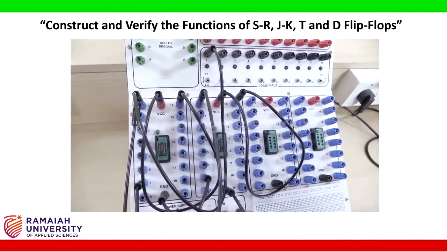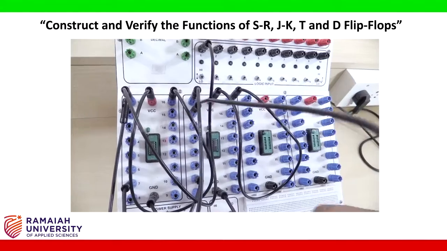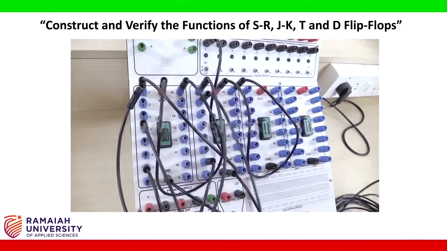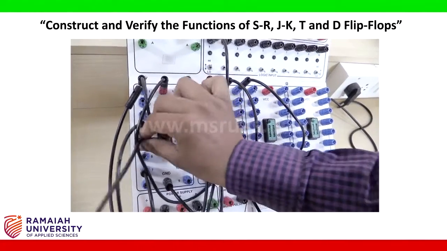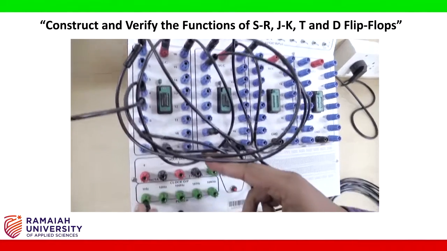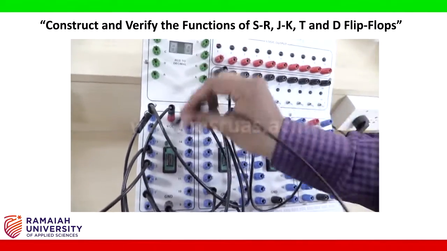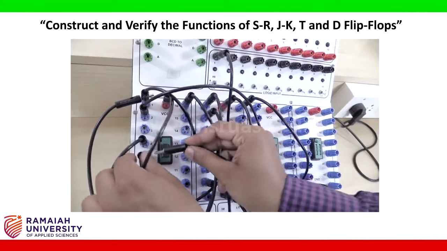Now pin number 2 of the NOT gate, that is output of the NOT gate, is connected to pin number 4 of NAND gate, and pin number 5 of NAND gate is connected to clock. Pin number 2 of NAND gate is shorted with pin number 5.